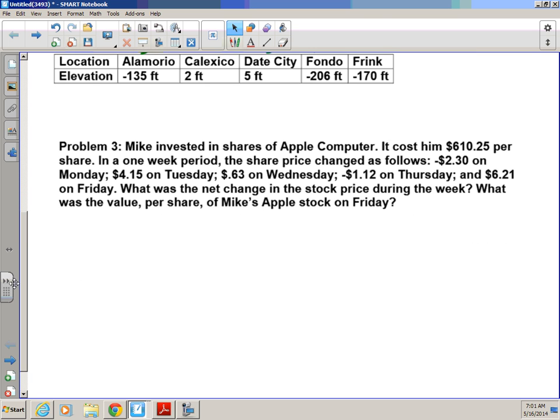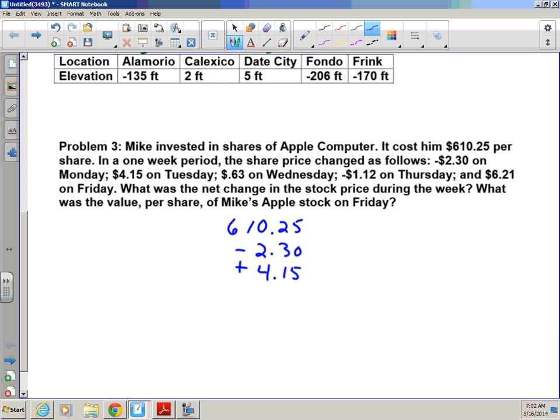Now, Mike invested some money in Apple computer, and he initially spent $610.25, and he had various price changes in a week's period of time. So he lost $2.30. He picked up $4.15.